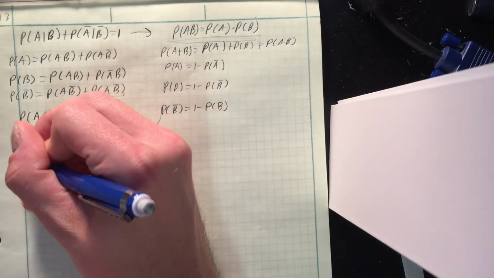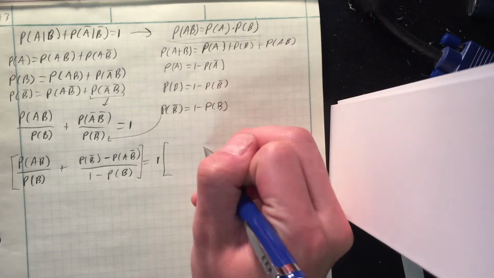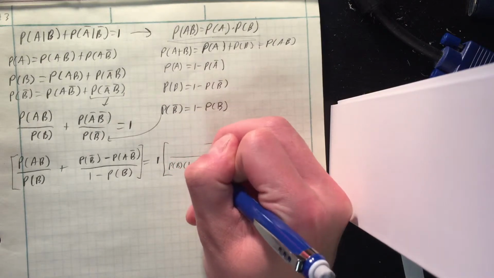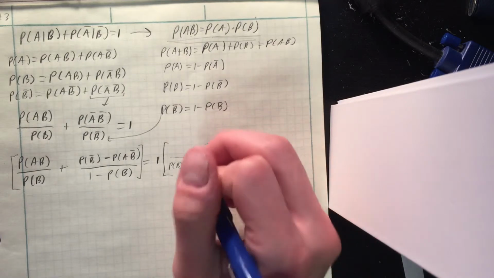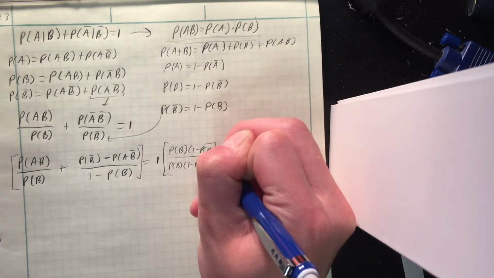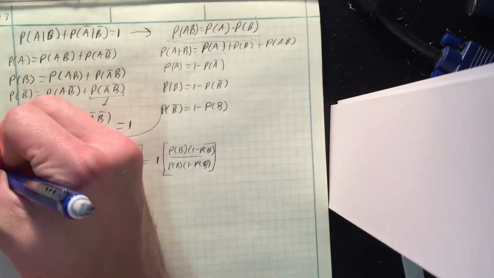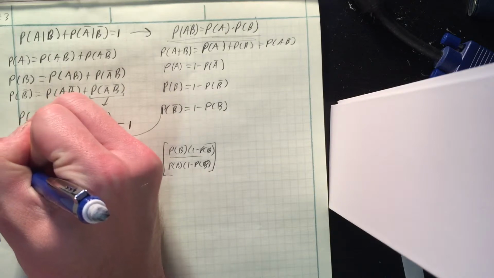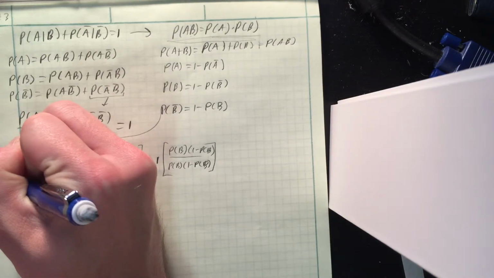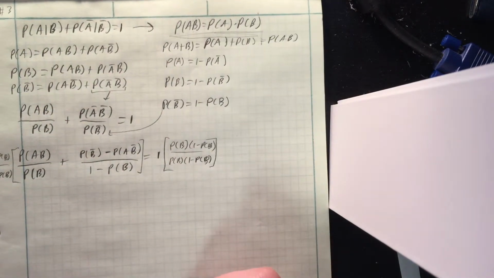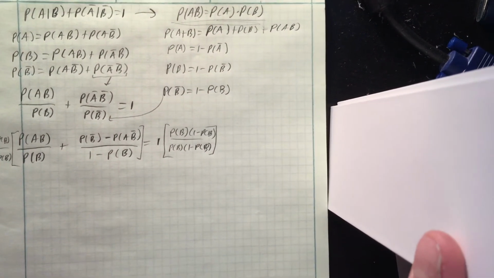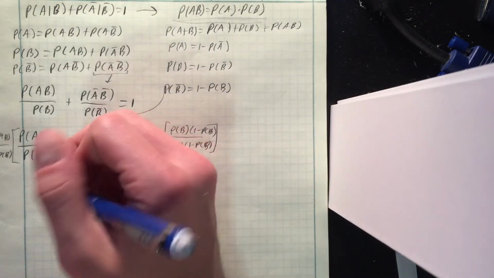So we multiply both sides by 1 over, sorry, the probability of B times 1 minus the probability of B. Same here, the probability of B times 1 minus the probability of B. You can see that; I'll try to make sure it's visible. But multiplying both sides by that, crossing out some things here.